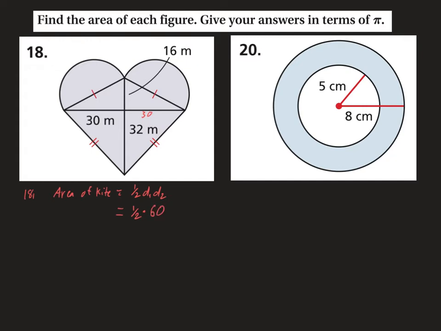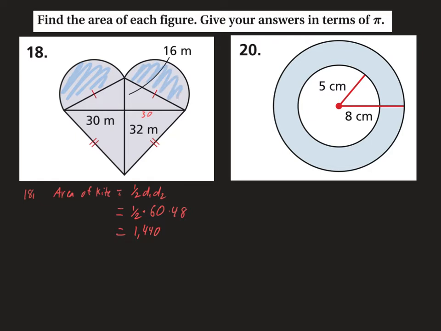And the other one's going to be 32 plus 16. So that's going to be 48. So the area of the kite is 1,440 meters squared.